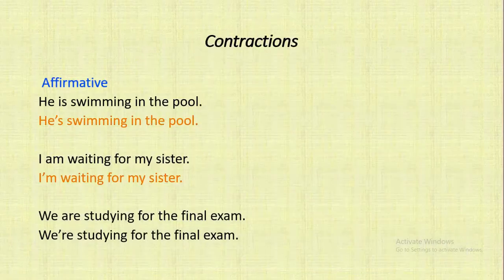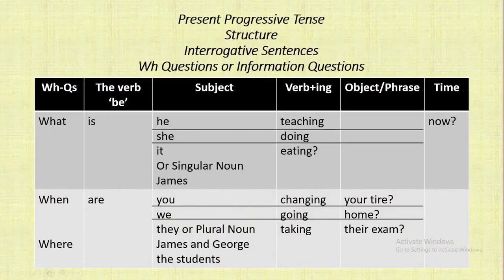In the next slide, I'd like to talk about WH questions. WH words are placed in the beginning of the sentences in this tense, and after that we put the verb be, like what is he teaching now.